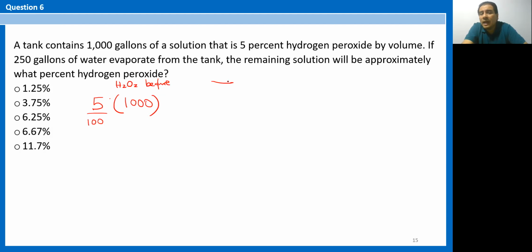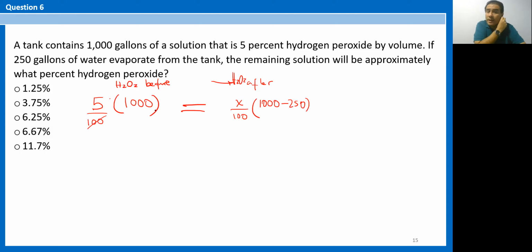But what about after? The peroxide after the evaporation would be a certain percent, X over 100, we don't know that percent, but of a different volume. Since 250 gallons evaporated, the total volume now is 1,000 minus 250. And this should be an equality.